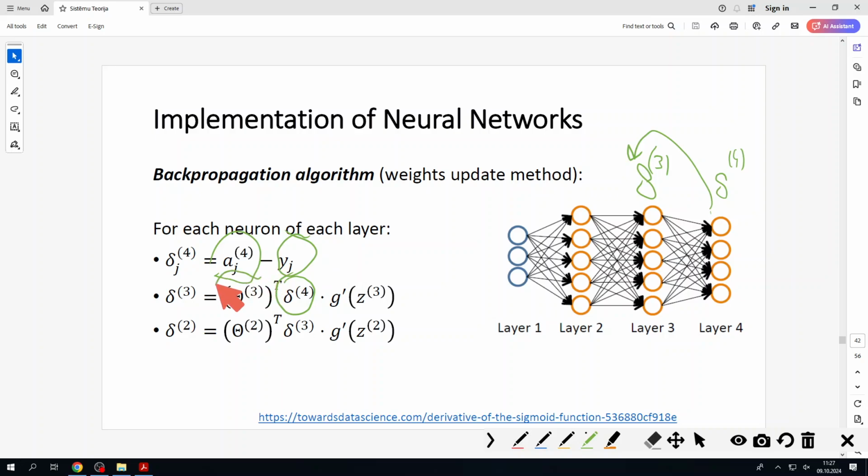You need to know your connection, so theta 3 describes all of these connections between these two layers, yes? And you need to know the derivative of the activation function, yes? So, for example, the derivative of the sigmoid function or any other.